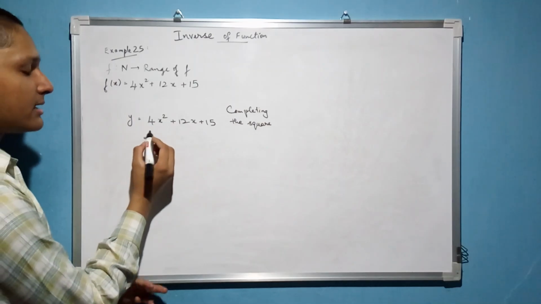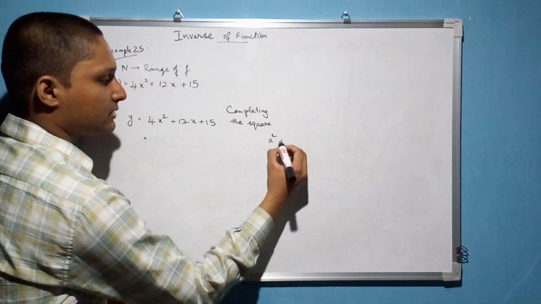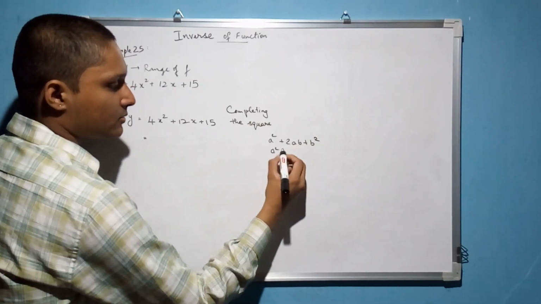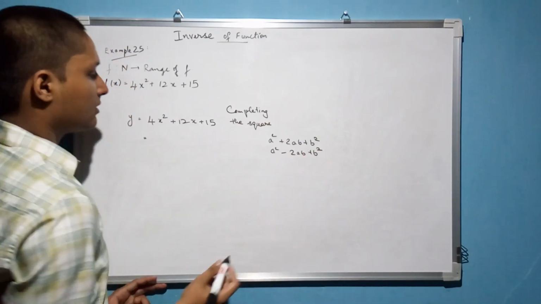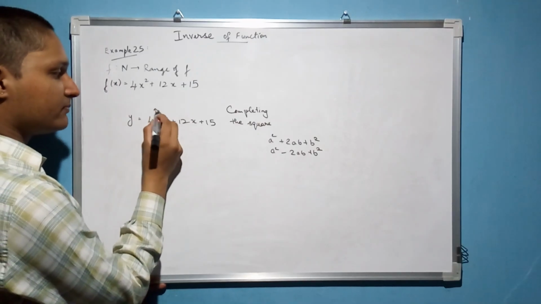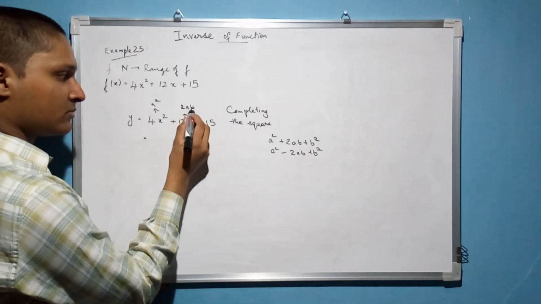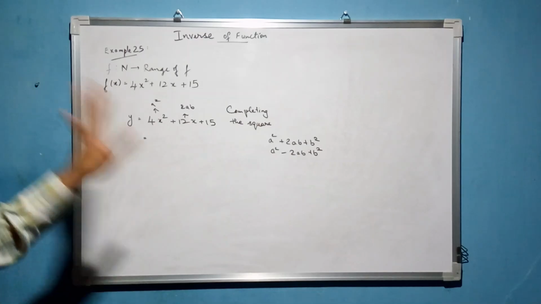So completing the square. For a square it should be a square plus 2ab plus b square, or a square minus 2ab plus b square. Right? So here we have, this is the a square term, and this is the 2ab term. So I need to get the b square term such that I complete the square.